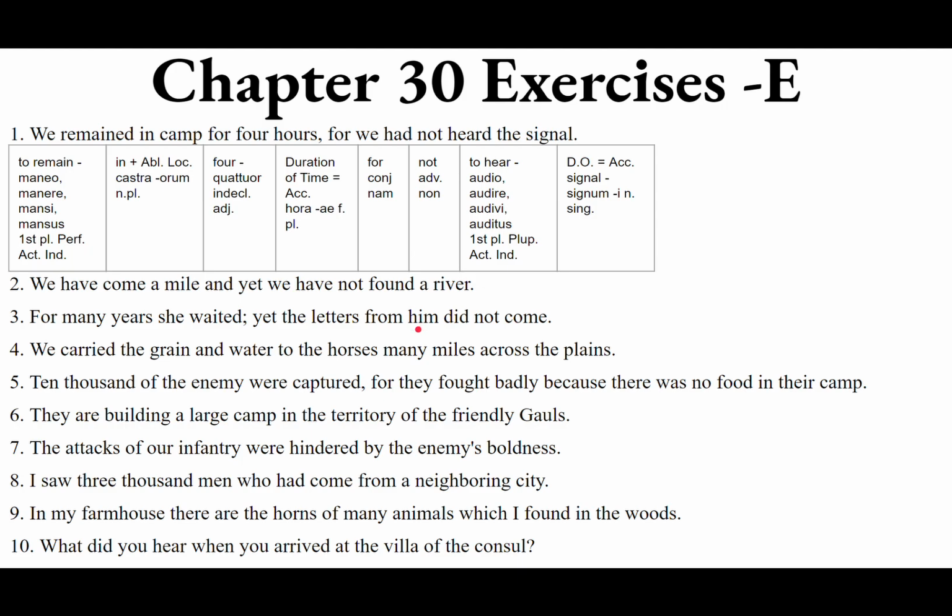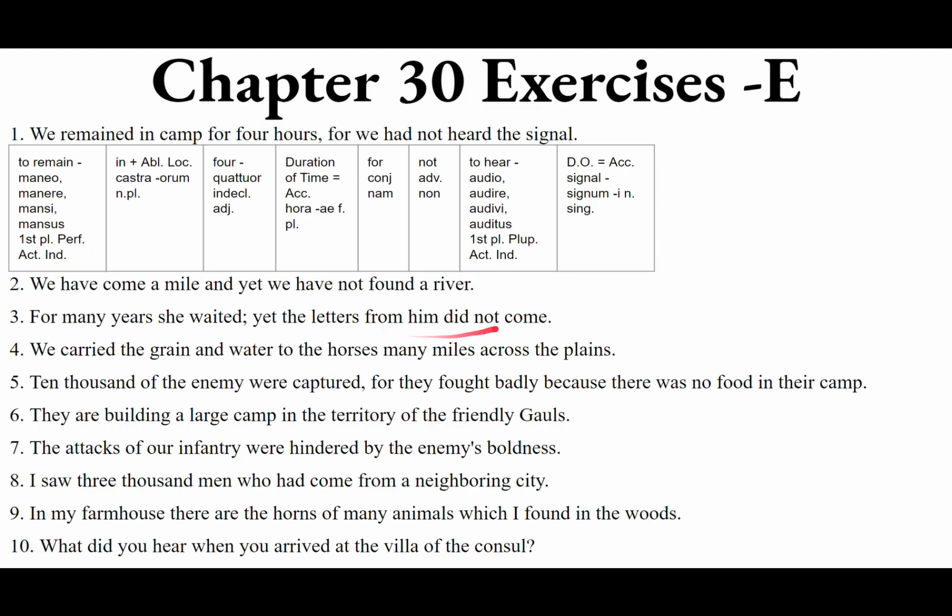Of course, it could be right here. Probably not. It's probably not hic, haec, hoc, right here. I'm just going to go ahead and use the neutral is, ea, id, from him. So ab eo. Did not come. Non, another negative. We've had one, two, three negatives. Non, and then venio, venire, veni, ventus, third person plural, because the letters, they did not come. Third person plural, perfect active indicative.